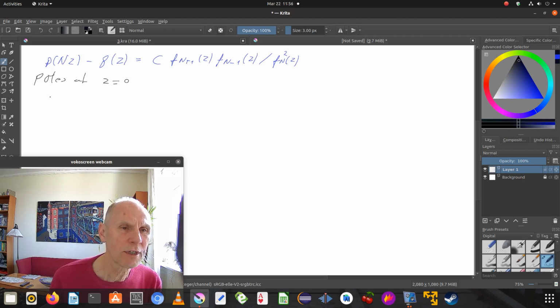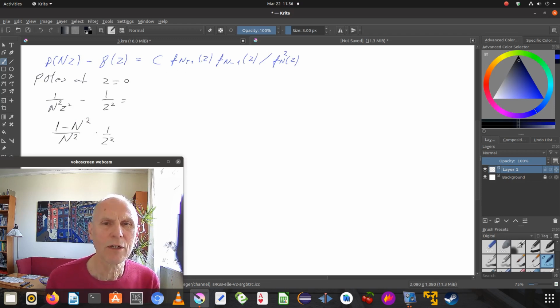First, this is 1 divided by n squared z squared. 1 divided by z squared equals 1 minus n squared divided by n squared, a pole of order 2. And here I made a mistake. This should be x, where x equals the Weierstrass P of z.